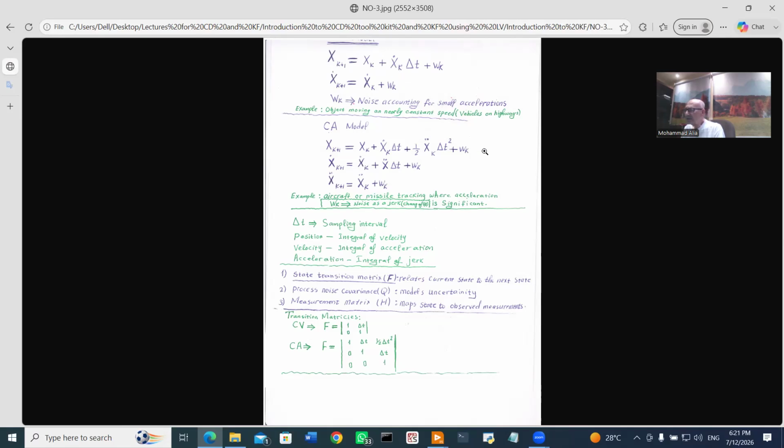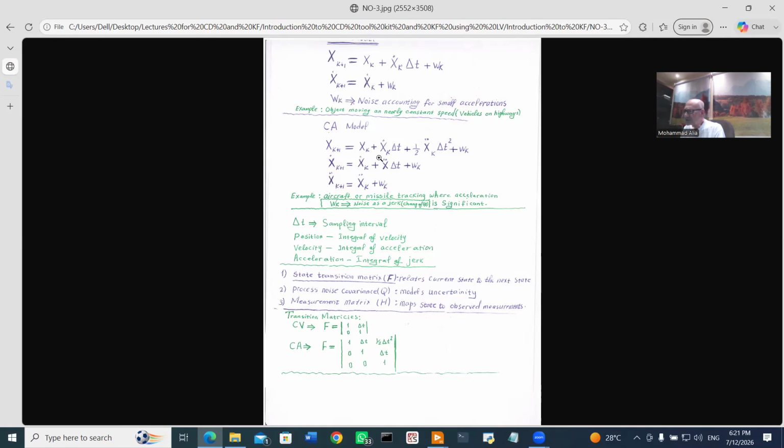The second model is somehow more accurate because it considers that the acceleration is constant and not the velocity. So if we again look at this equation here, we see that the state at instant or at step k plus 1 is as before.